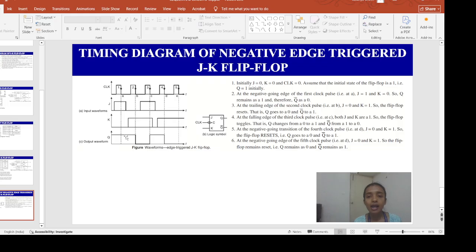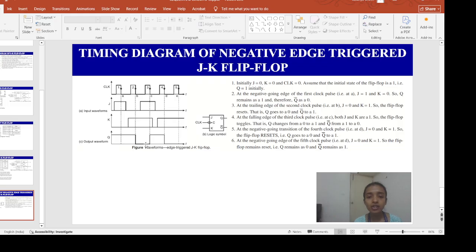Now at the trailing edge of the next clock pulse at point B, J will be 0 and K will be 1. So the flip-flop resets. So this Q output goes to 0 and Q bar will be 1. At the falling edge of the third clock pulse at point C, you can see J and K are both 1, so the flip-flop will toggle.